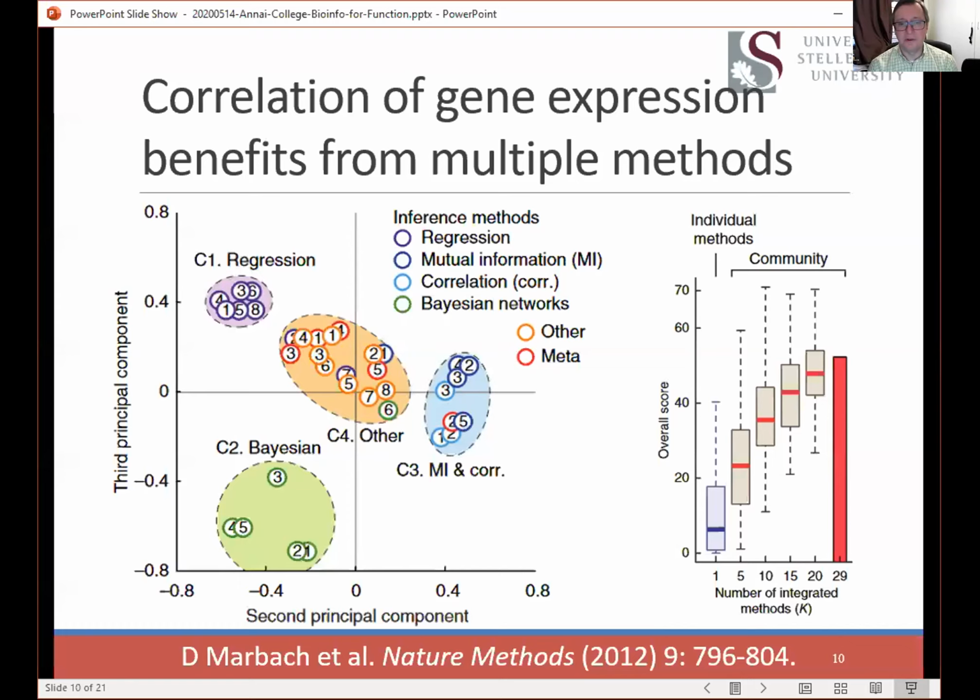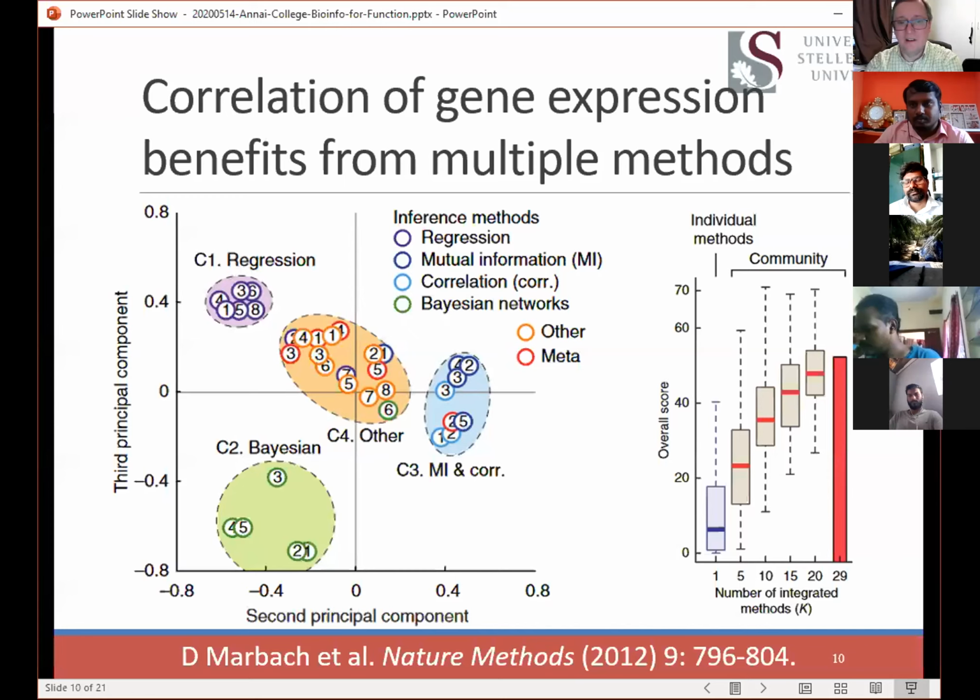Those that used mutual information and correlation also tended to be close together. So even though you can have very different methods for analyzing these gene expression networks to build out modules based on correlation or whatever, we find that they tend to produce complementary results.